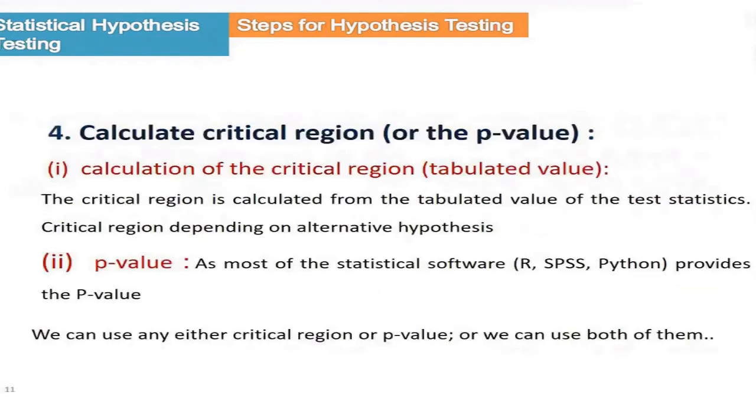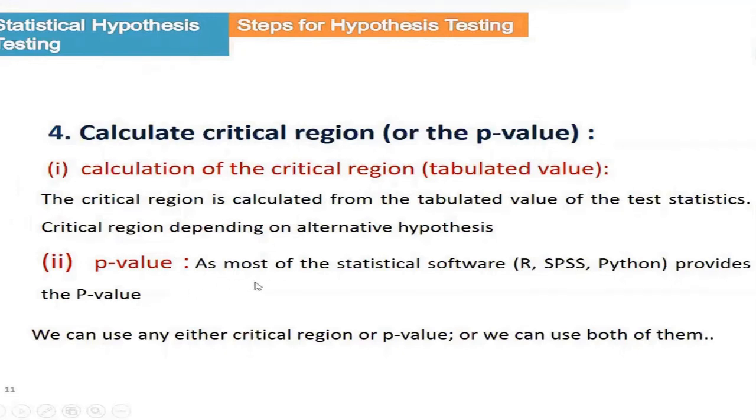And number 4, you have to find the critical region, as I told, or p-value. Nowadays, p-value is the most widely used method to accept or reject a null hypothesis. P-value you can get from R or Python.